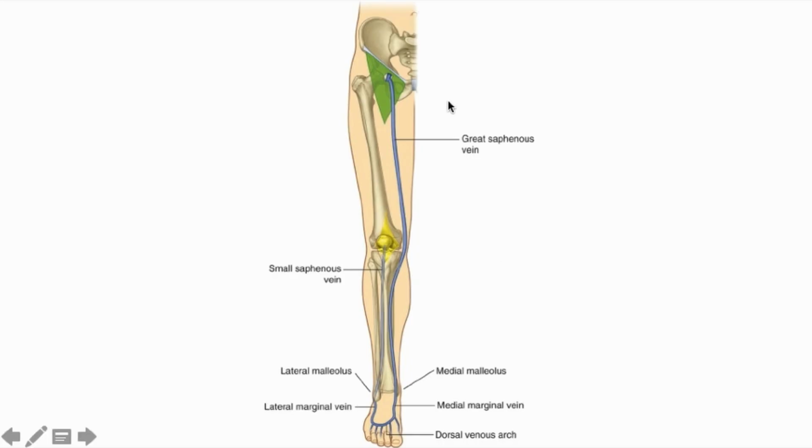The great saphenous vein passes up the medial leg and the knee and passes through an opening in the deep fascial covering in the femoral triangle, and it joins with the femoral vein. The small saphenous vein passes behind the distal end of the fibula, comes by the lateral malleolus, comes back up the back of the leg, penetrates the deep fascia and joins the popliteal vein in the posterior knee area.